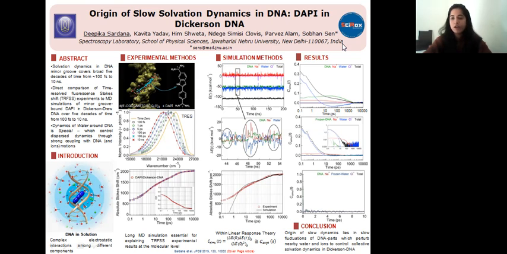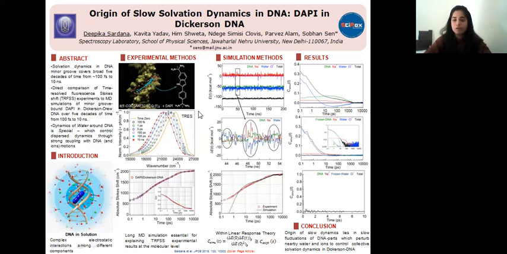But the question arises, why does it remain so difficult to understand? That question can be answered through this plausible answer that it is due to the complex electrostatic coupling between the large ionic DNA and the surrounding water molecules and ions. And this involves the solvation response from different length scales.